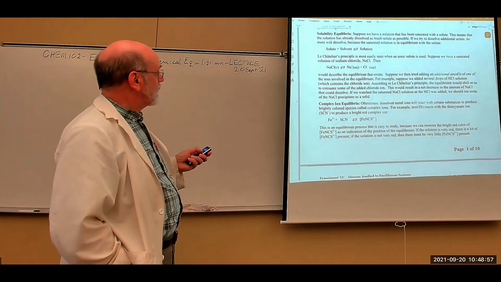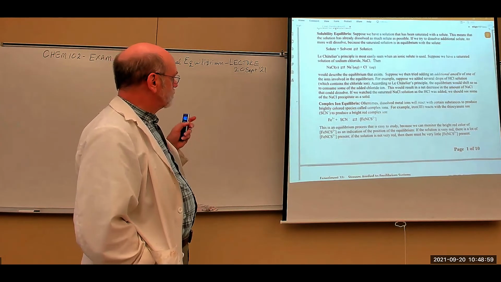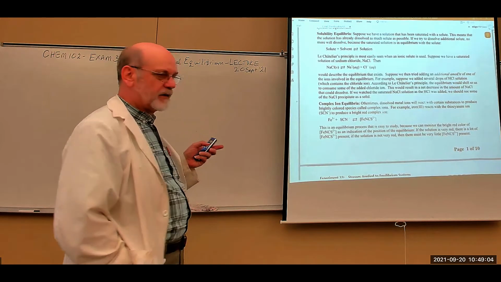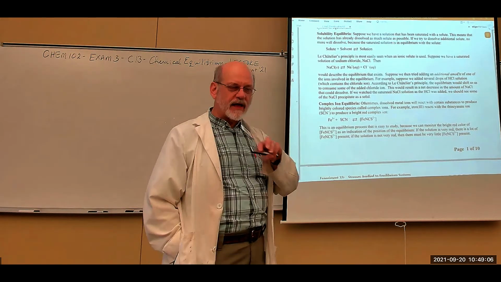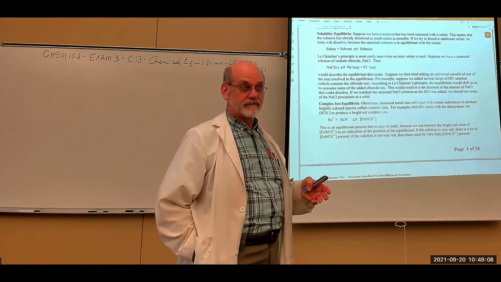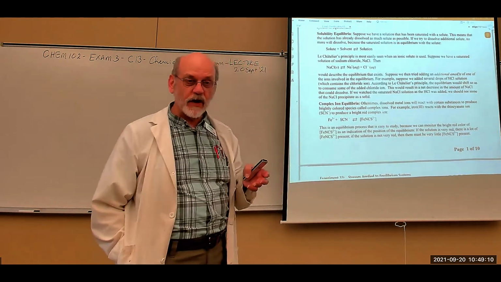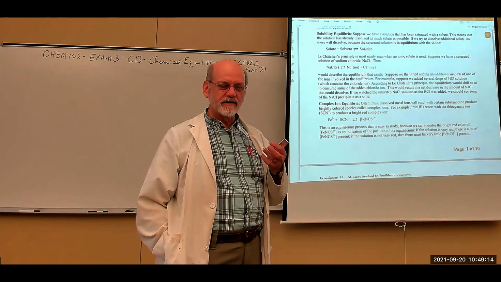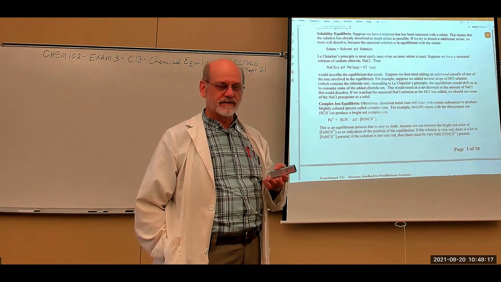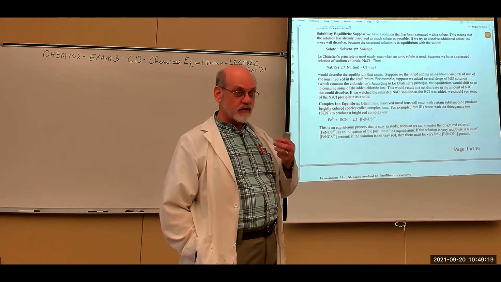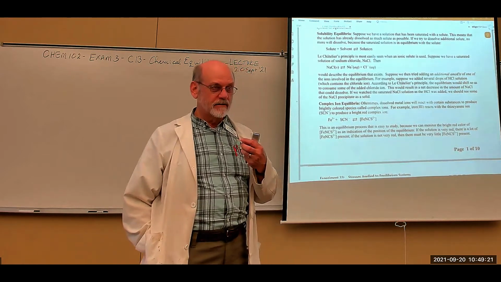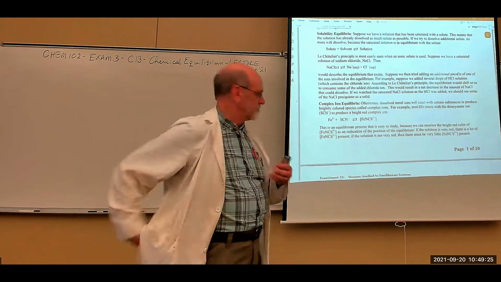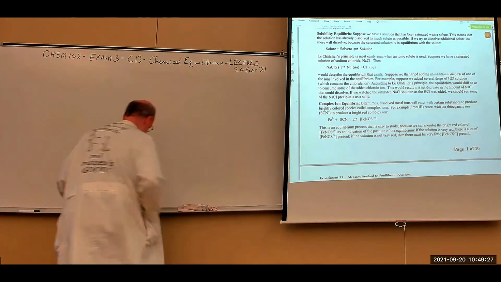Okay, so the first step is we're going to do solubility equilibrium, and it's something as simple as table salt. Table salt can be concentrated to such an effect that it saturates the solution. In other words, if you have sodium chloride saturated in the solution, let's look at this one.